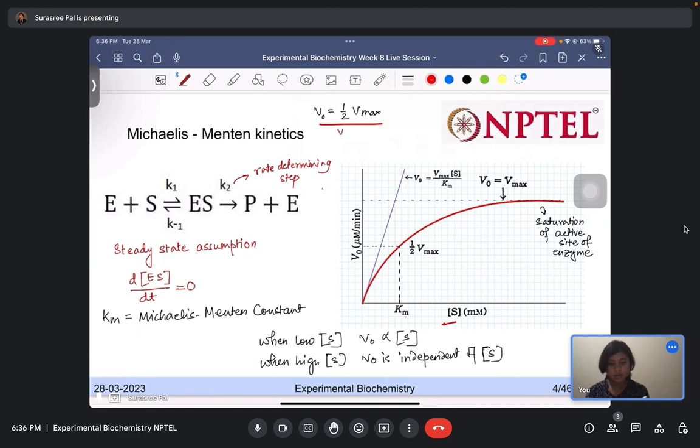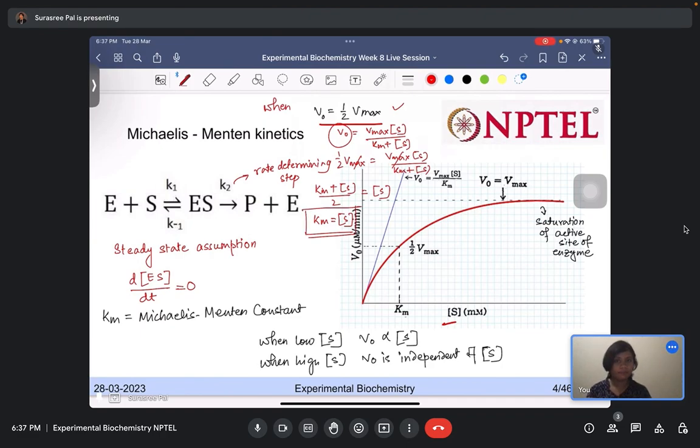The Michaelis Menten equation is V0 equals Vmax into S divided by Km plus S. Here when V0 equals half Vmax, we put half Vmax equals Vmax into S divided by Km plus S. We can cancel Vmax from both sides, and we will get Km plus S by 2 equals S, or Km equals S. So when V0 equals half Vmax, that is when the velocity of the enzyme is half of the maximum velocity, then the substrate concentration gives us the value of Km, the Michaelis Menten constant.